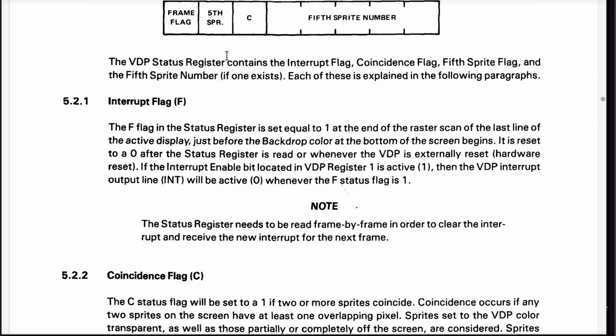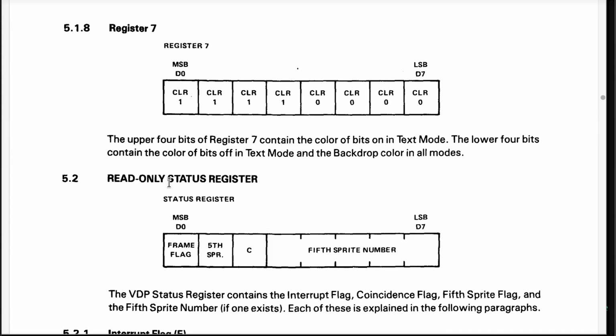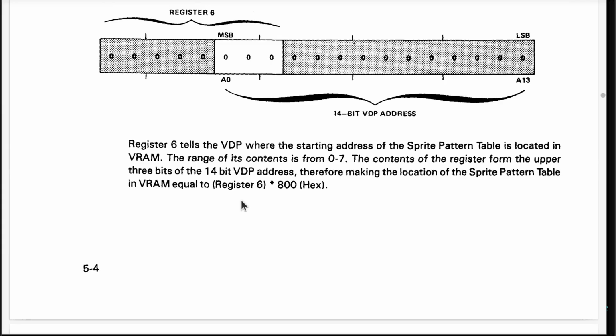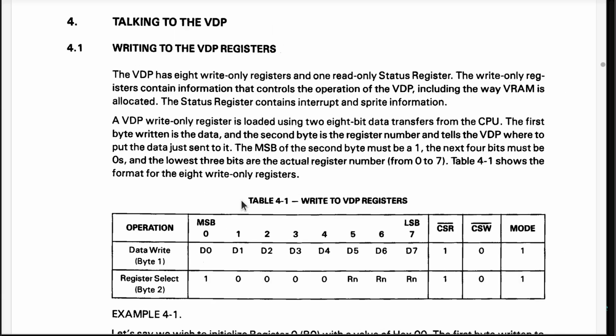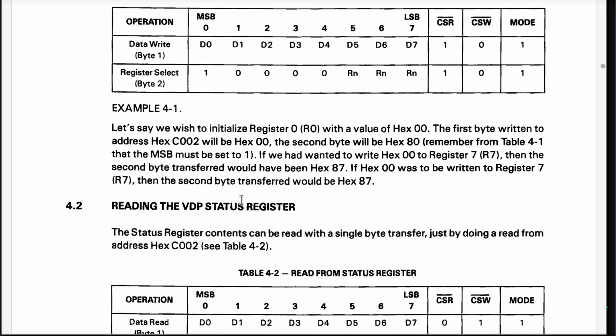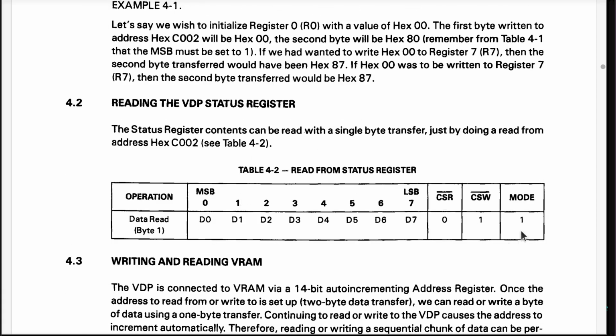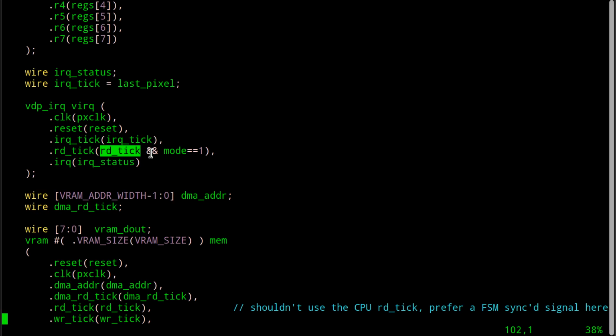I don't know. Read around in here. It's probably in here somewhere where it talks about the status register. Actually, I think it is. It's up here. Reading the status register, you simply do a mode 1 read. There you go. So that's why we have the read signal down there.